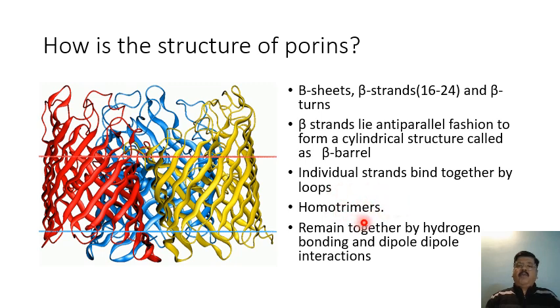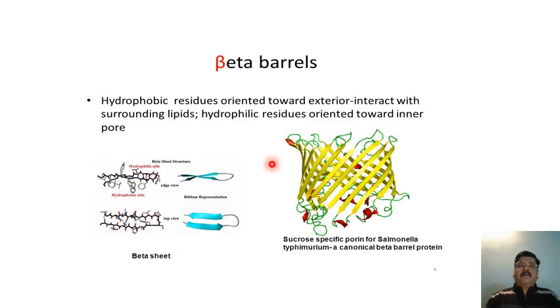As I already told you, homotrimers, most of the time three molecules are there. They remain together by hydrogen bonding and dipole-dipole interactions, and there is formation of a cylindrical, water-filled structure. So they are also described as beta barrels.